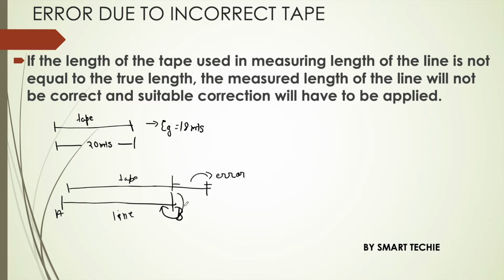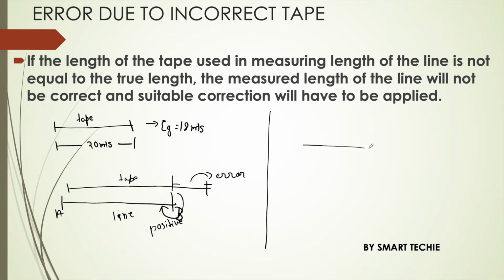So we say that the length which is measured is less. Here the error is negative because I have to deduct this part, and the correction is positive. So this is the case wherein the tape is too long.